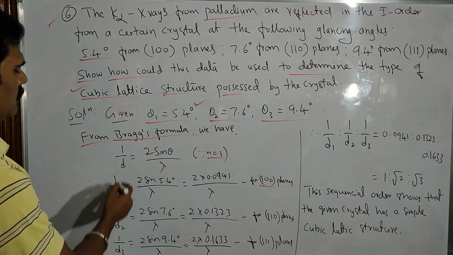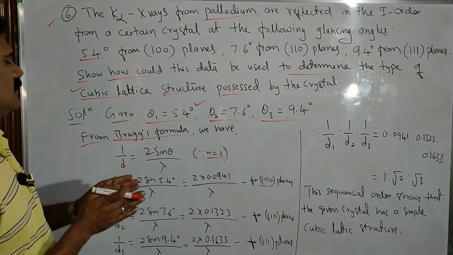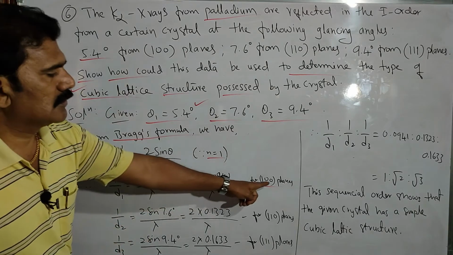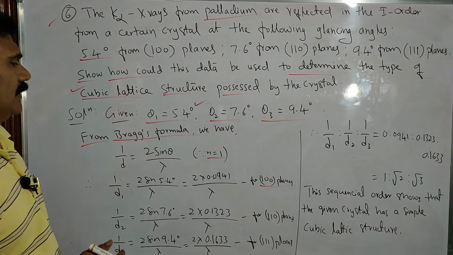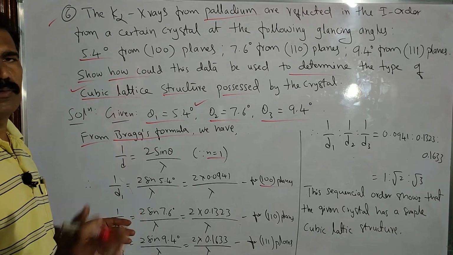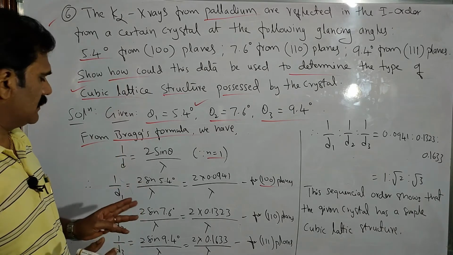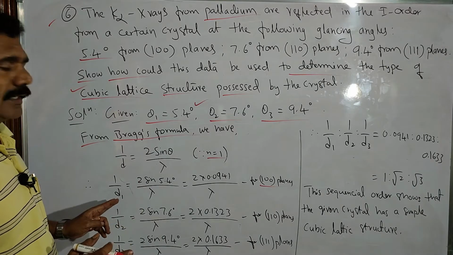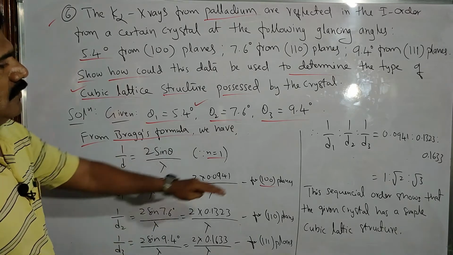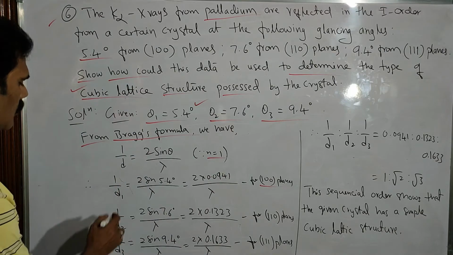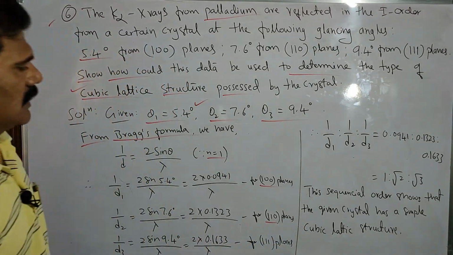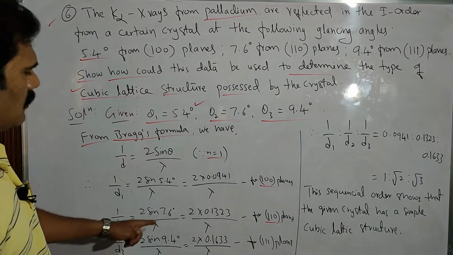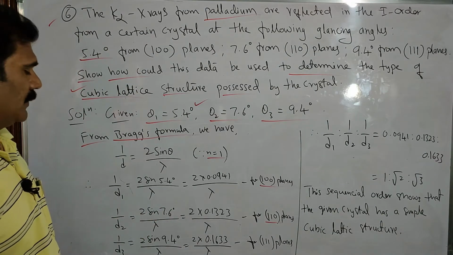Let the interplanar spacing for that particular 100 planes be d1. It is not the same for all the sets of parallel planes; for different planes, different d will be calculated here. So let it be d1 for 100 planes. Next, 1 by d2 for 110 planes. The corresponding glancing angle is 7.6 degrees.